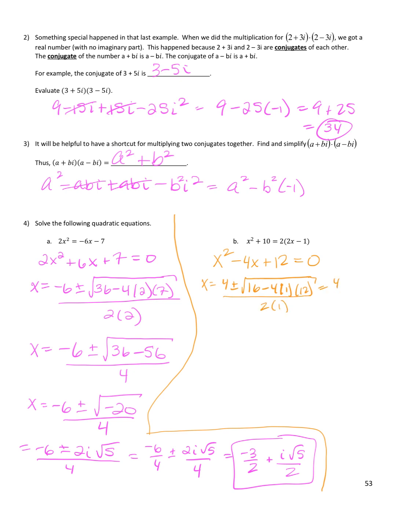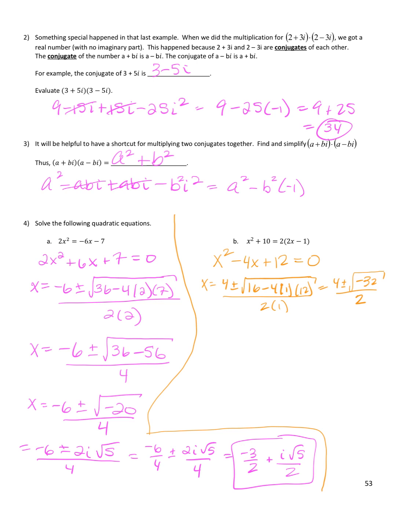So this is going to be 4 plus or minus the square root of 16 minus 48, which is negative 32, all over 2.